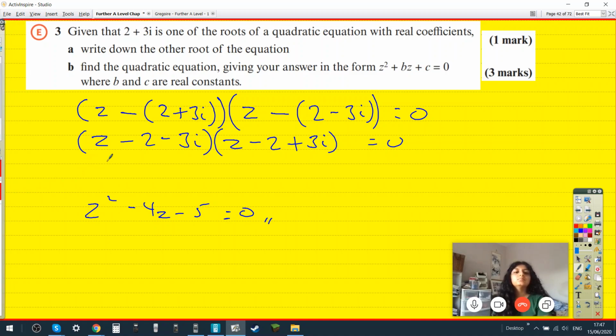Z squared. Is it plus 4 as the C? Do you think it would be plus 4? Because if you add them, you get minus 4. And it has to be minus alpha plus beta Z. So I think it might be plus 4.